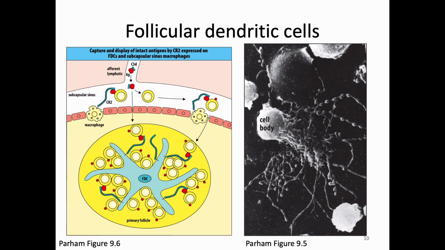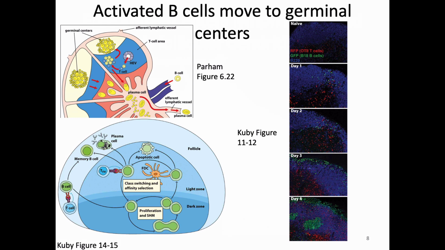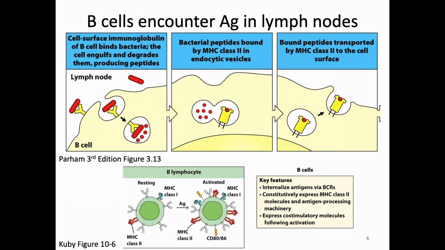And so that can be really important for that B cell to encounter antigen. That B cell will get activated by that antigen. So the B cell will go from being a resting B cell to an activated B cell. And it could see that antigen as free antigen, might float on by, may also see it on an FDC.